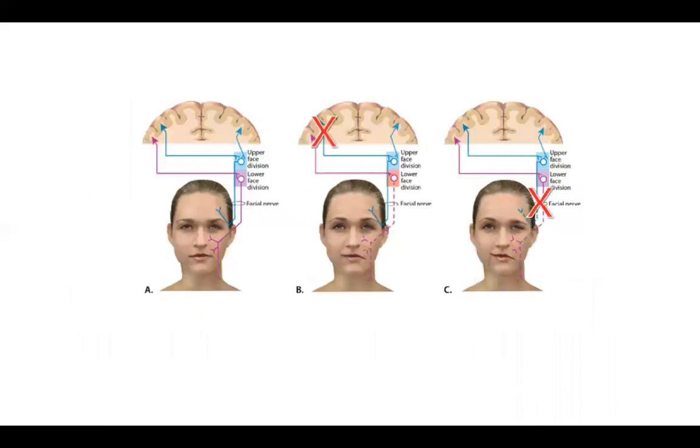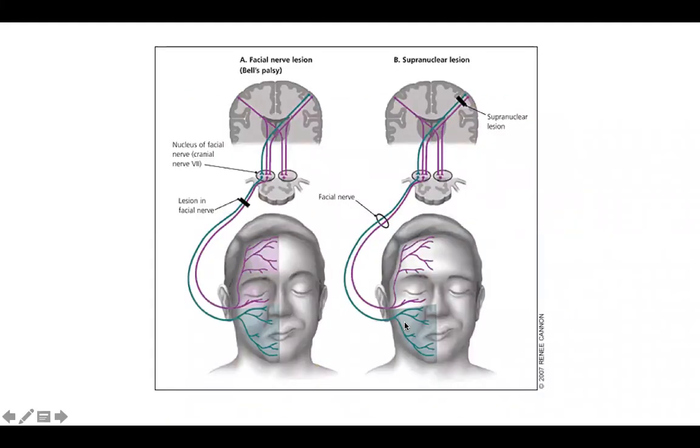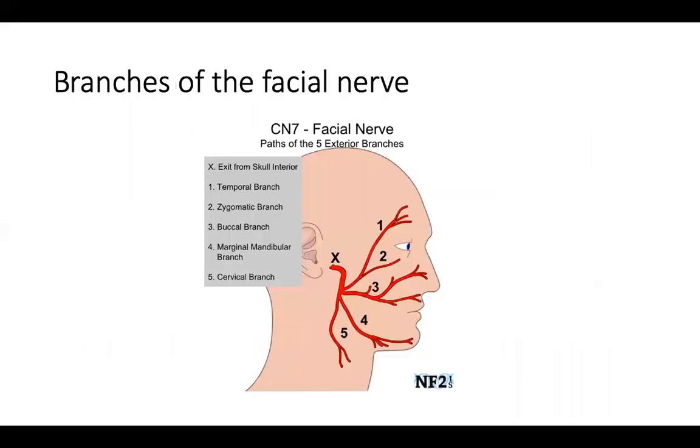Now, the pathophysiology of facial nerve palsy. Like we said earlier, if someone is having facial nerve palsy, normally what occurs is that because the facial nerve innervates the upper and the lower part, a patient who is having facial nerve palsy is going to be paralyzed in the upper part, but also in the lower part.